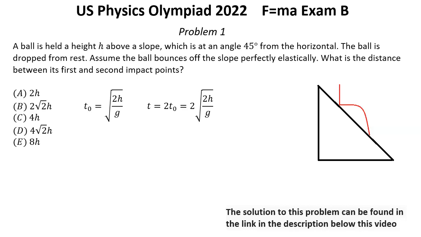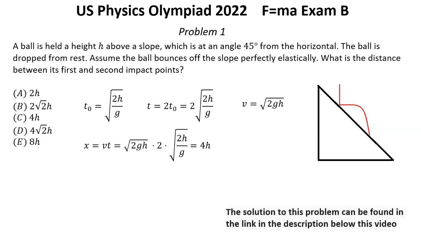That will be vertical speed equal to the square root of 2gh. After the bounce it turns in the horizontal direction, and we can calculate the horizontal distance for the motion between two impacts.